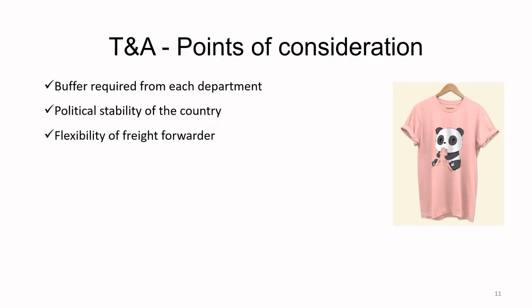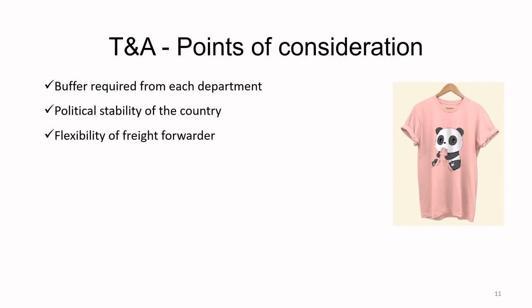And let's say flexibility of the freight forwarder. The best example in case of India is that vessels from India leave only on Sundays from Mumbai, which means your goods should reach Mumbai latest by Tuesday evening, and only then your clearing and forwarding agent will be able to get the goods and the documents customs cleared, and send it by the coming Sunday.